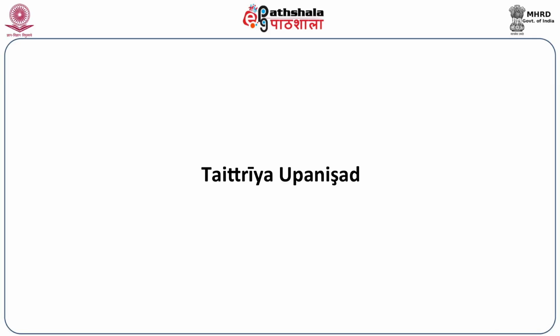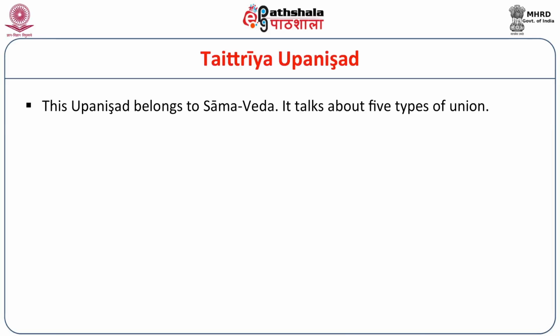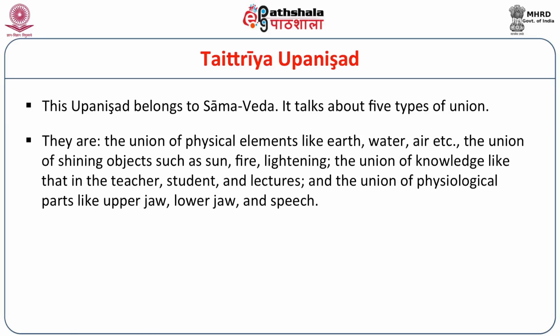Now coming to Taittiriya Upanishad. This Upanishad belongs to Samaveda. It talks about 5 types of union. They are the union of physical elements like earth, water, air, etc. The union of shining objects such as sun, fire, lightning.